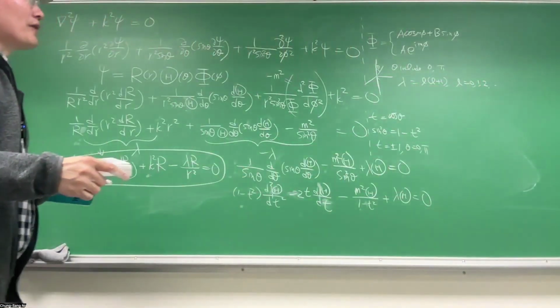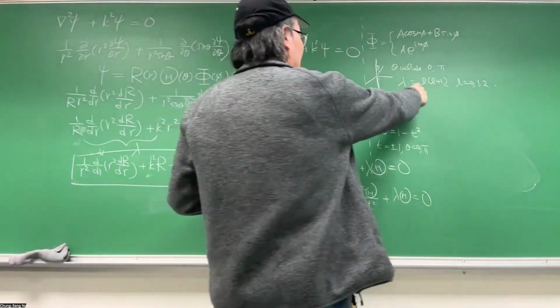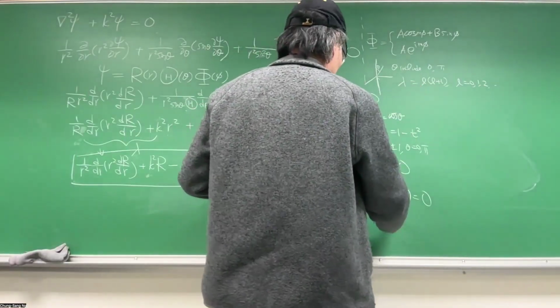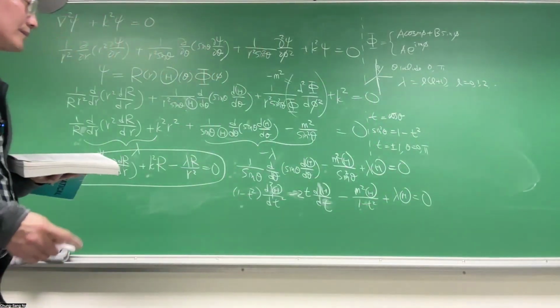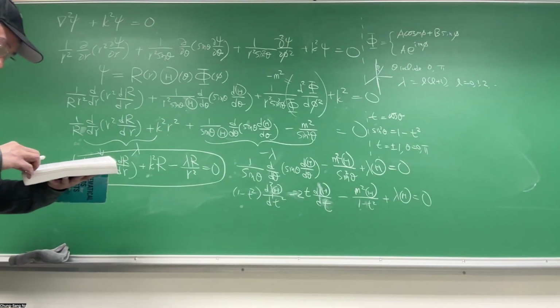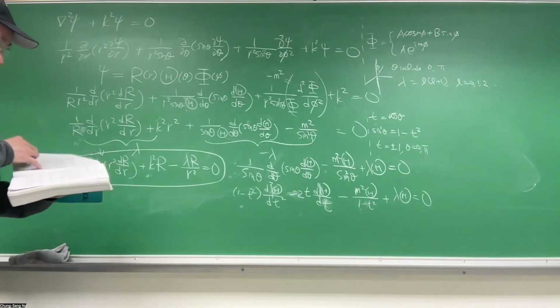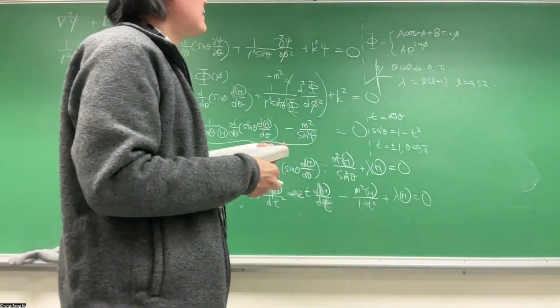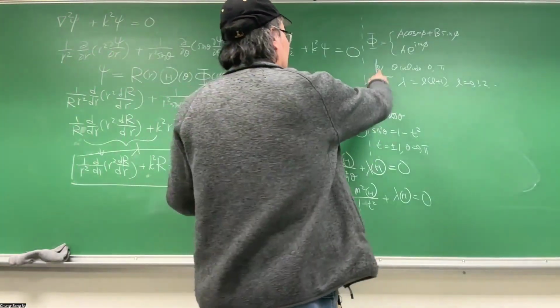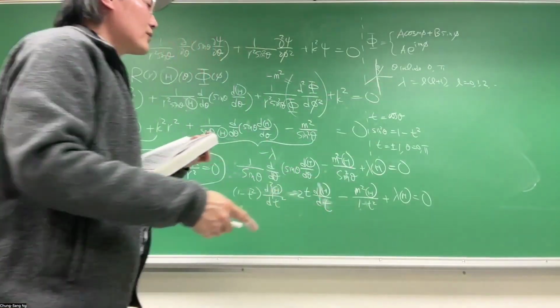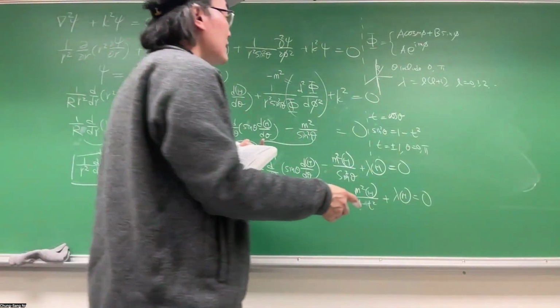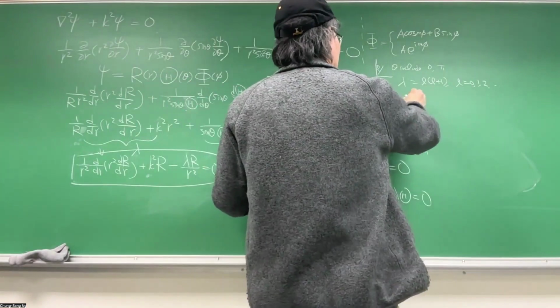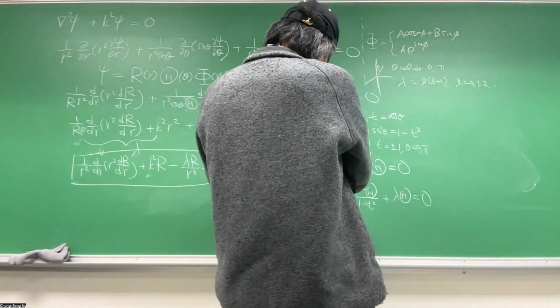You need to fix the value of that in order to have a solution. Otherwise, the solution is singular at the boundary value. So if you include them, then the solution will be what we call P_L^M.